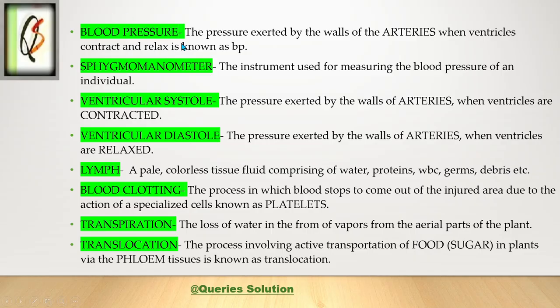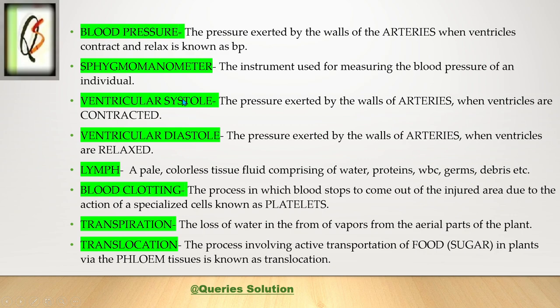Again, another important concept we have studied is the concept of blood pressure. So how do you define blood pressure? It is the pressure which is exerted by the walls of arteries when the ventricles either contract or relax, because we do know the blood pressure is something that we measure in terms of the upper pressure and the lower pressure, and that's exactly what we talk about when we say ventricular systole and ventricular diastole.